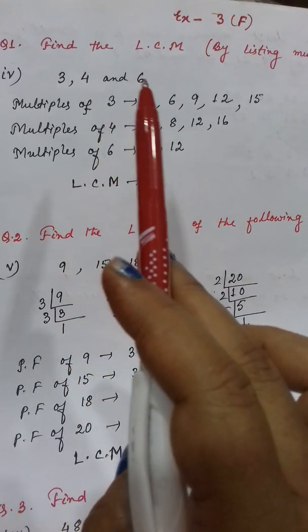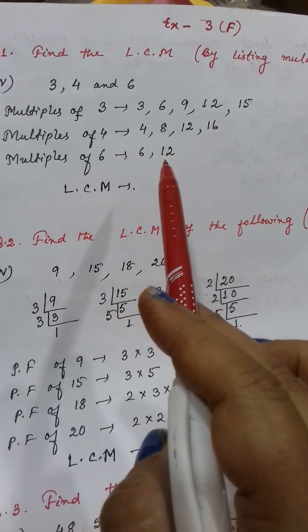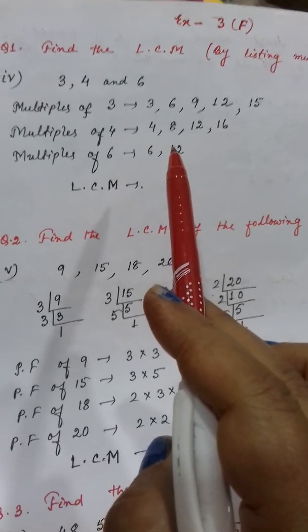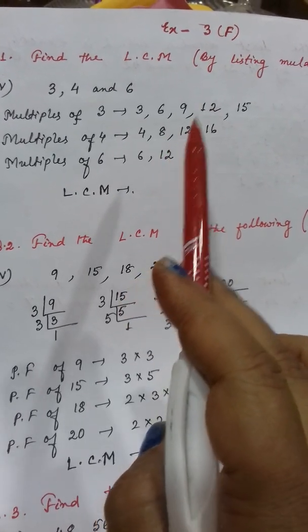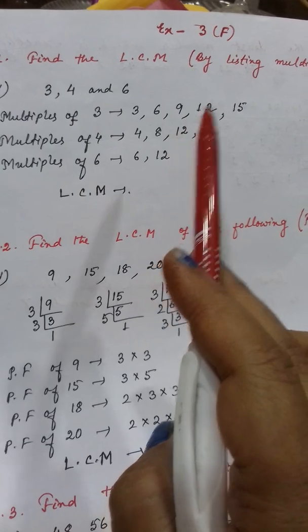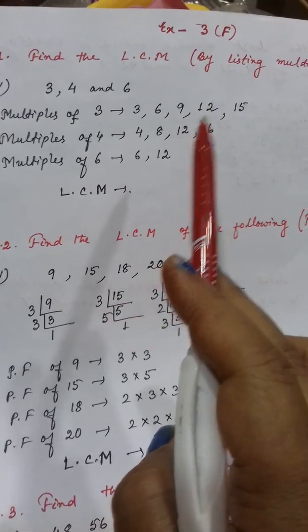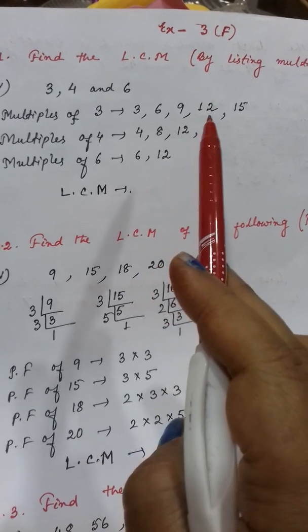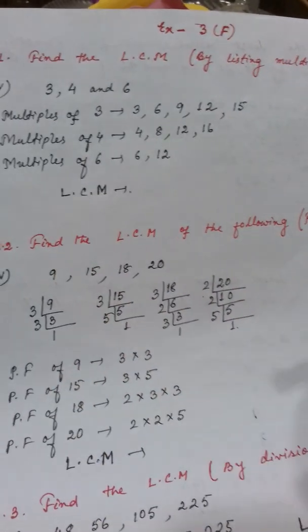Now next you write the multiples of 6. Here you have seen 6 1s are 6, 6 2s are 12. So you have noticed that in all the cases 12 is the first common multiple. Yes or no? As you have got 12 as the common multiple, there is no need to write the next multiples. Clear?